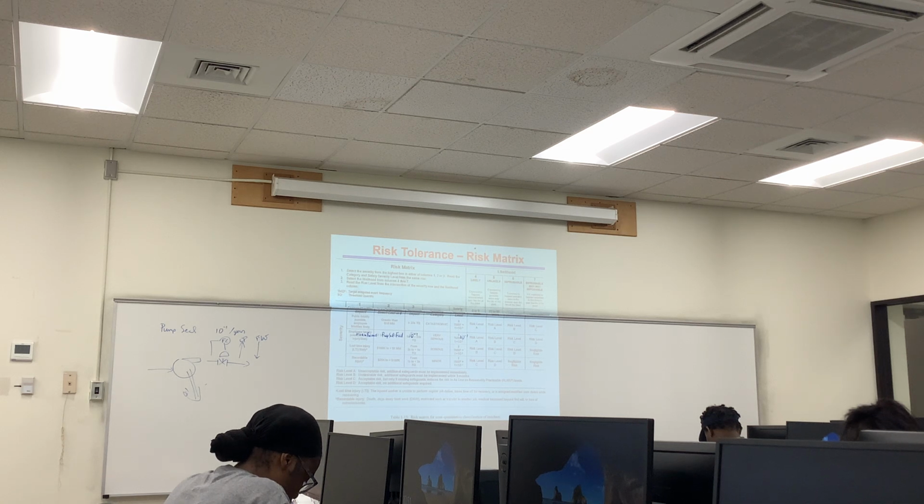But then how likely is it to happen? In the amount of time, it's a 10% chance every year. It's probably likely. So likely. So we might put it down at the bottom here.